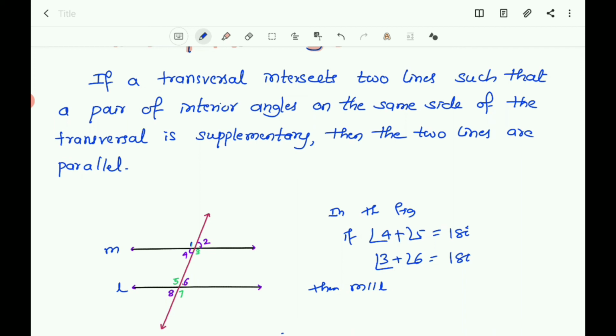That is the converse of the interior angles theorem. In this way, you get the spatial nature of the angles made by the transversal of parallel lines.